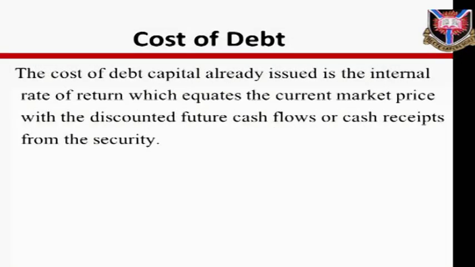Cost of debt. The cost of debt capital already issued is the internal rate of return, which equates the current market price with the discounted future cash flows received from the security.